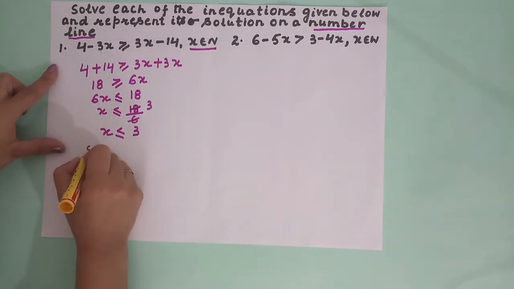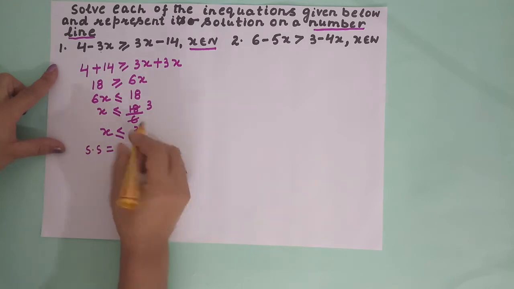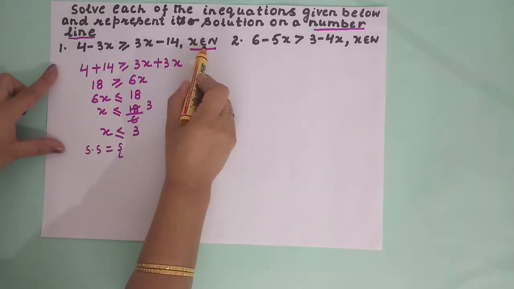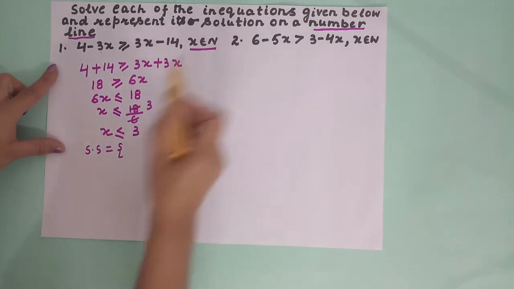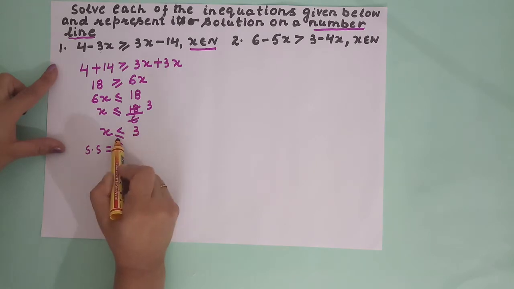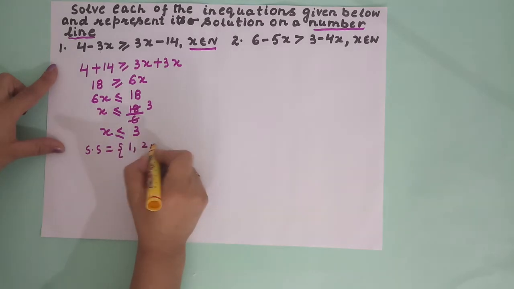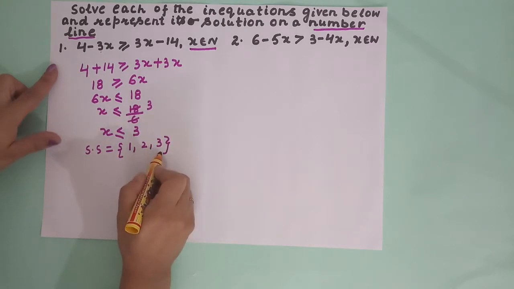So what will be my solution set? My solution set will be natural numbers starting from 1 up to 3. Do I have to include 3? Yes, because the equality sign is also given over here. So starting from 1, 2 and ending at 3. So this will be my solution set.